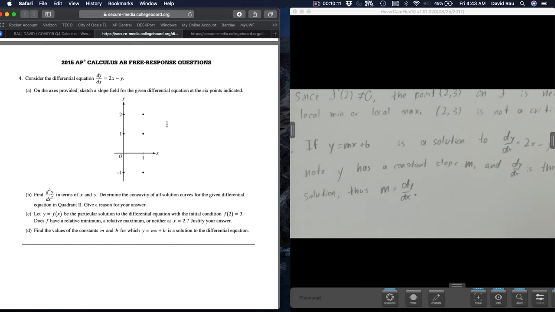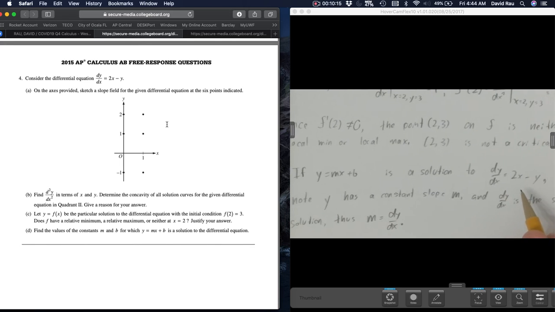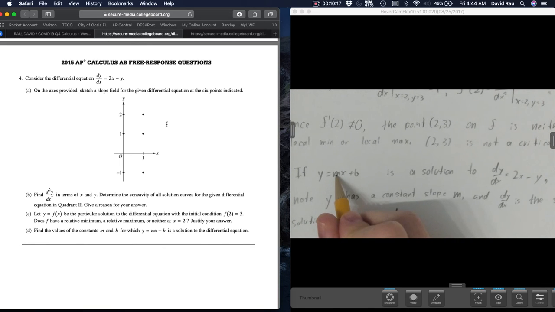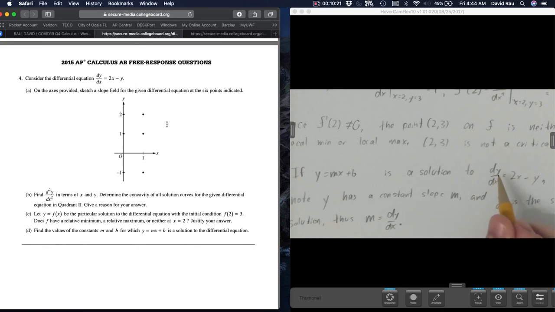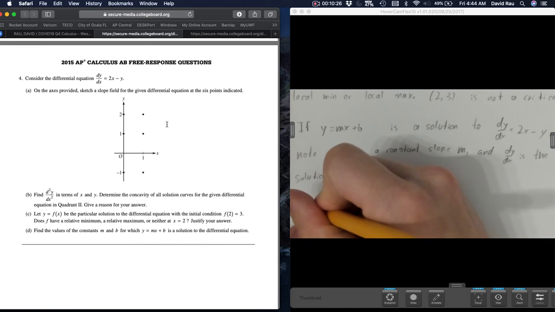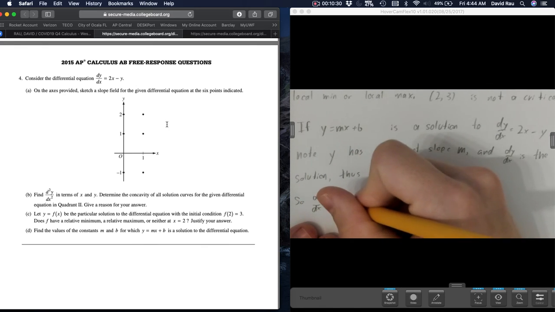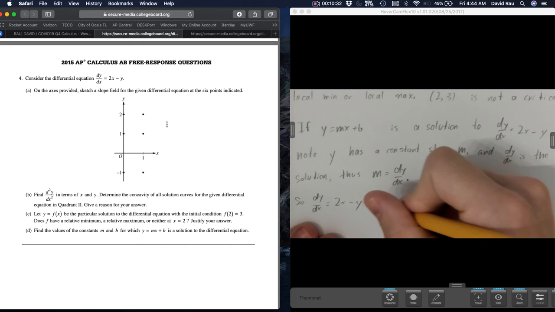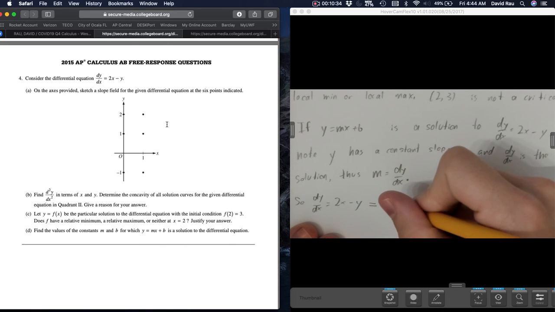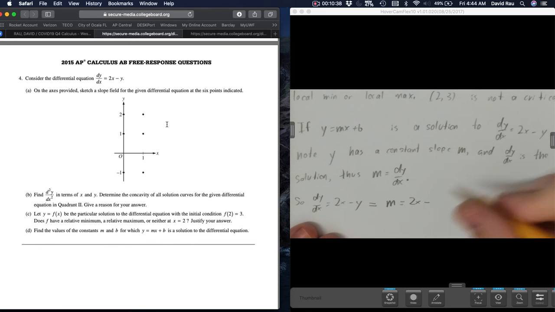Now from there, the question is, what do you do about this? Do you call this m, or do you call this dy dx? Turns out the better way to go is to call this m. So I'm going to say it like this. dy dx equals 2x minus y is equal to m equals 2x minus, and here's what I'm going to do now. I'm going to replace the solution curve.